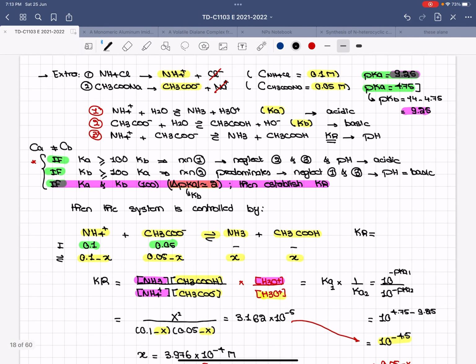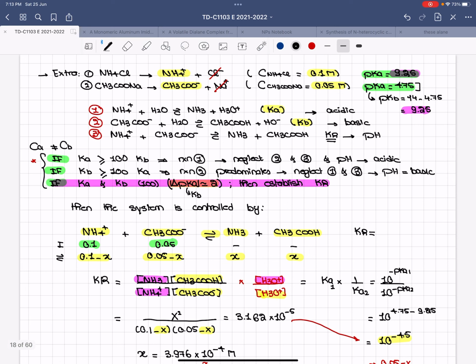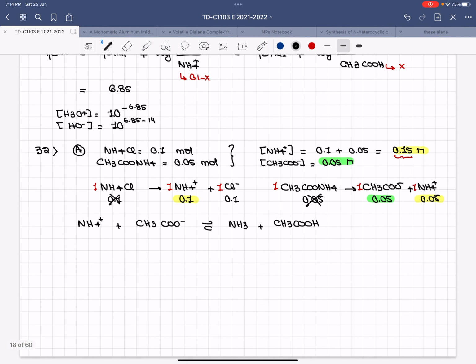Go back to the given so you don't get lost. The pKa of NH4 plus is 9.25 and the pKb of the base is 9.25. They have basically the same Ka and Kb, so they have equal strength of acidity and basicity. So you have to establish a reaction with Kr.